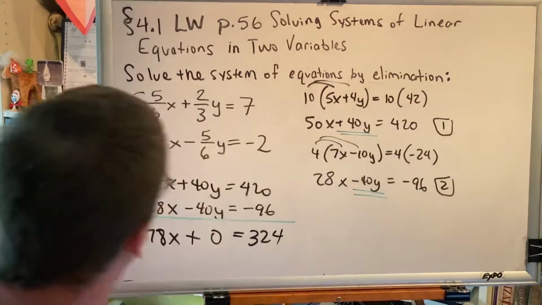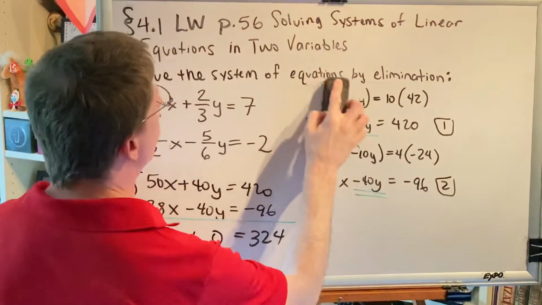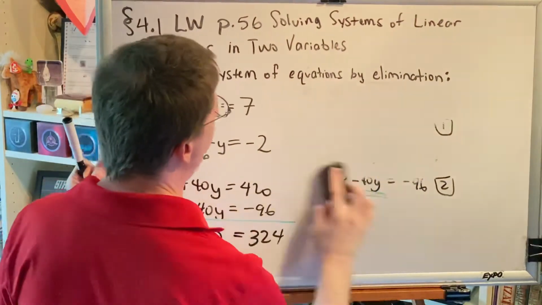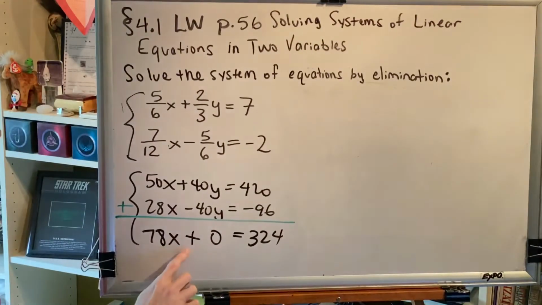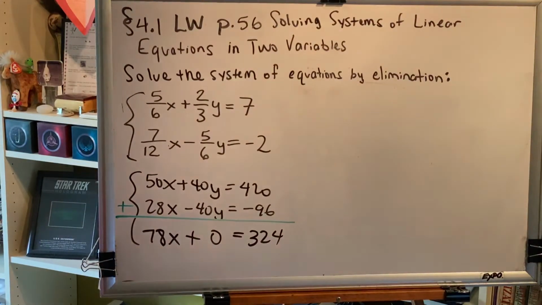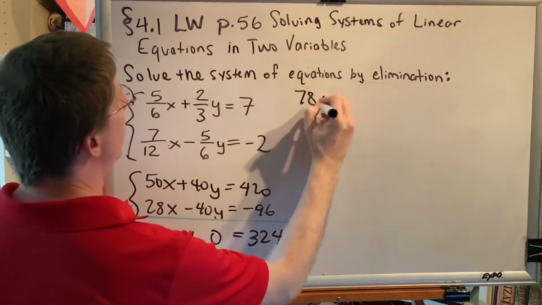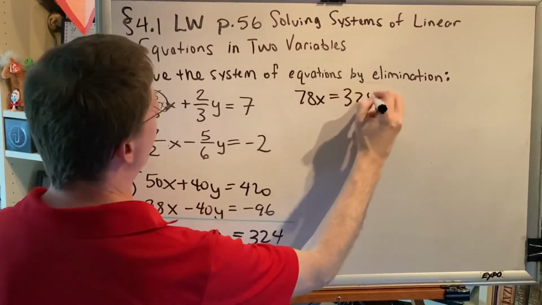Okay, notice what we've achieved, because we've achieved something very, very powerful and very, very important. We no longer have a y in our equation, so we can now solve for x. So we get 78x equals 324.